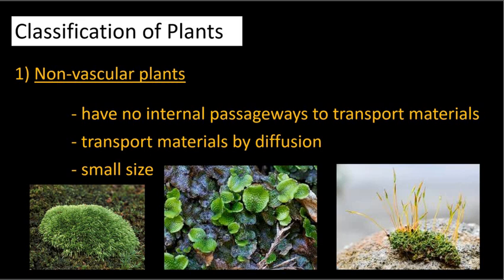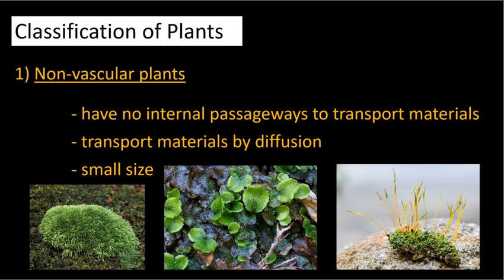Okay, what you are seeing are the three different categories, none of which is about an inch off the ground, other than the reproductive structures you see on the right. So all of these are going to be ground cover, very small things, primarily going to live where there's moisture. Okay, they are non-vascular. They don't have those passages in order to transport things.